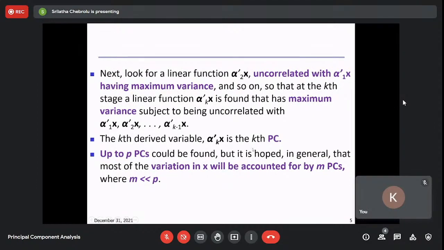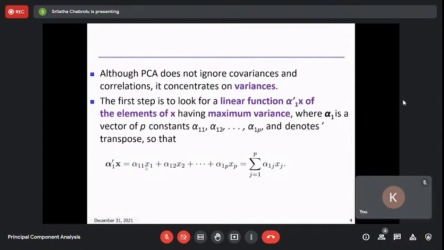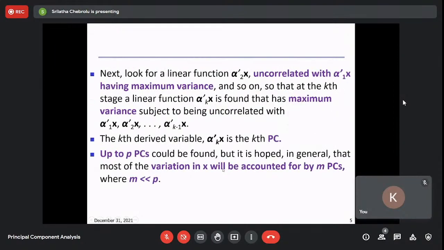Before we see how to find that, the next principal component is alpha 2. Alpha 2 is similar to something like alpha 2 1 x1 plus alpha 2 2 x2, and so on.